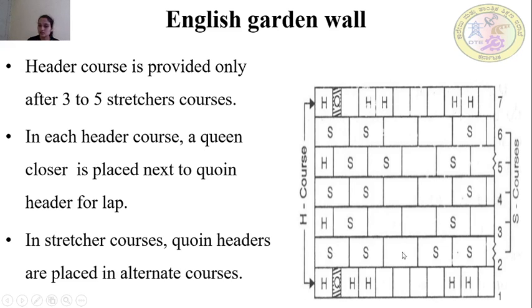After the header course we have placed the stretcher courses. Since this is the garden wall bond, we place the header course only after 3 to 5 courses of stretchers. In this picture we have placed 5 stretcher courses. Here you can observe alternate stretcher courses will have a header at the coin places.